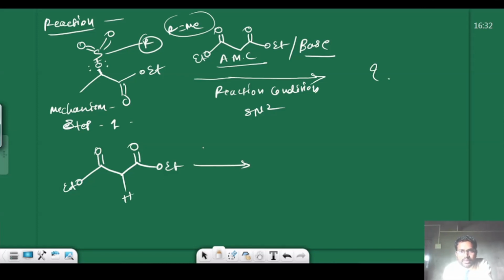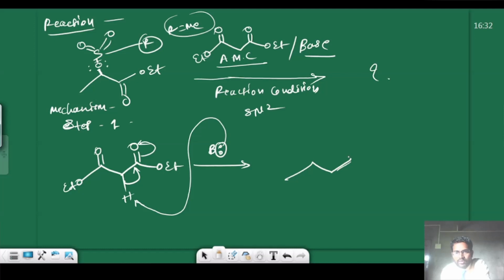When this active methylene compound is treated with base, the base will abstract a proton like this, and there is formation of the enolate anion, OEt, O minus, C double bond O, OEt. Okay, so this is the enolate anion.